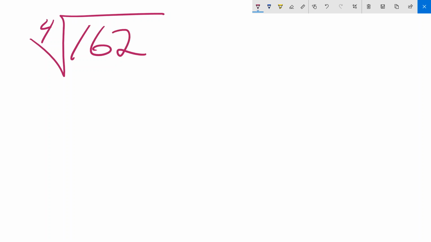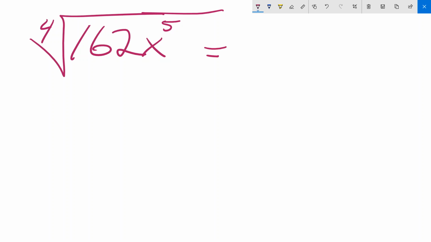Fourth root of 162 x to the 5th. Yes. So what we're looking to do is factor this thing inside the radical sign so that part of it is x to the 4th, and the other part is some number whose 4th root is a whole number.